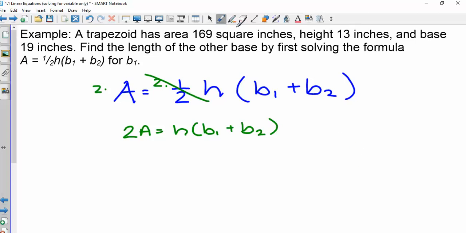Okay, again, there's more than one way to go from here. We can either divide the h or distribute the h. Both of them can get us to the right answer. So which one do you want to do? Okay, let's divide it then.